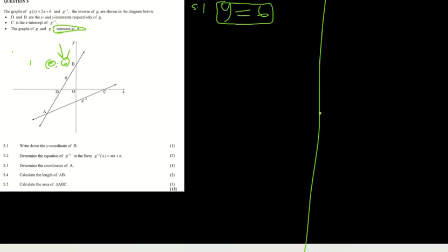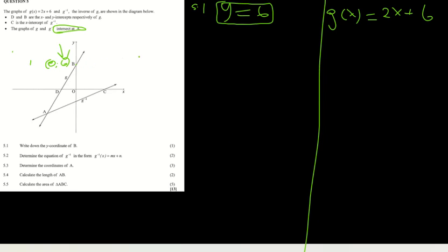Let me cut here. Remember, g is equal to this equation: g of x is equal to 2x plus 6. If you notice, at this point it's where this function cuts the y-axis, so we call that point the y-intercept.